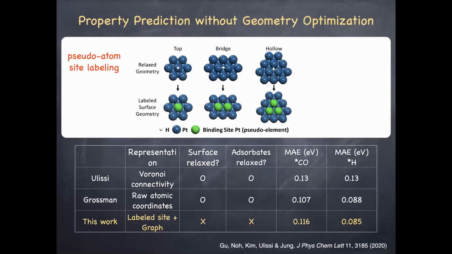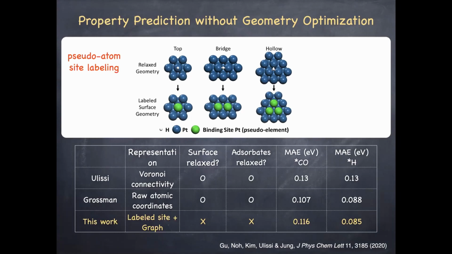So this is our recent work in which we try to predict the adsorption energies without geometry optimizations. The idea is that we take the bulk structure and then cut the surface along a particular facet.